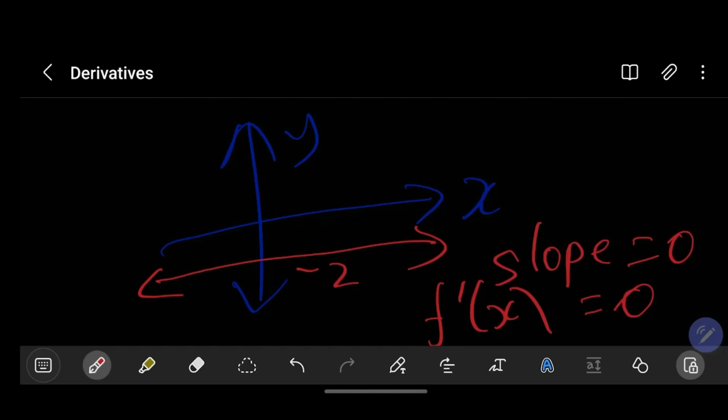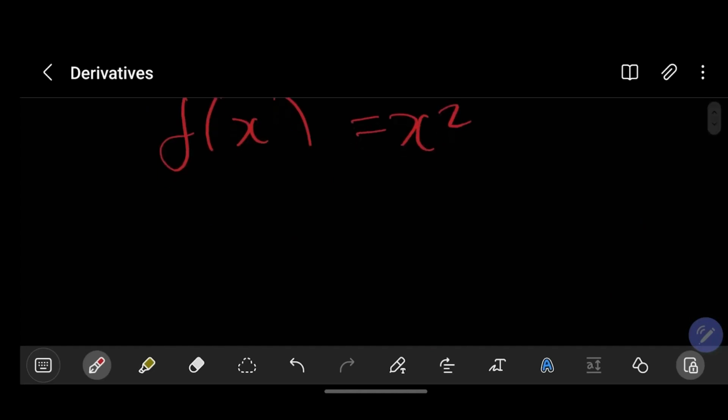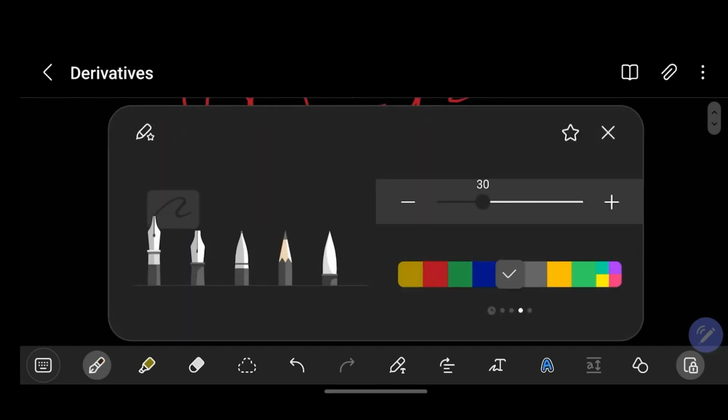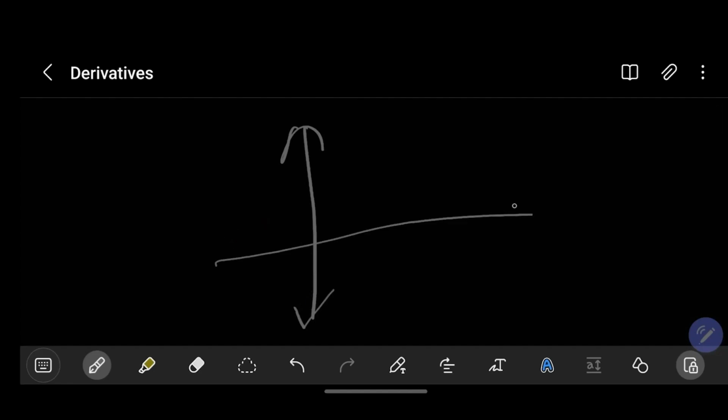We can further look at this on the Cartesian plane with an example. Let's say we have f of x is equal to x squared. Let's draw the Cartesian plane quickly. We have the y-axis and the x-axis, and y is f of x is equal to x squared.